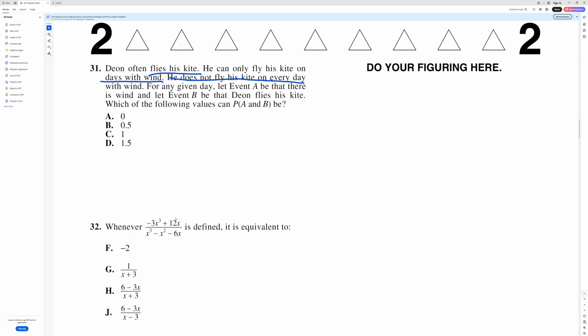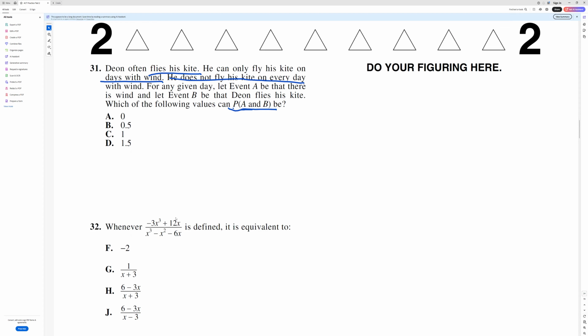Okay, so what's the probability that it is windy and he flies the kite? So 0 would be he never flies the kite, which defies what it's saying there. 1.5 is beyond 1, so the maximum probability is 1.